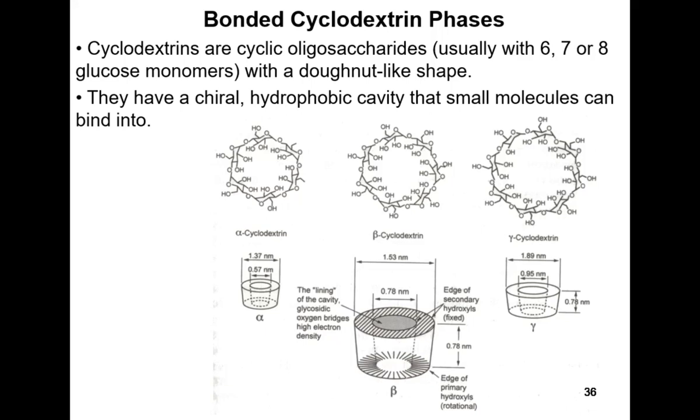So the optimum properties come with beta-cyclodextrin. It's got a rotational symmetry around the ring, but it is chiral. So all of the OH groups around the edge of the molecule are pointing in specific three-dimensional orientations.